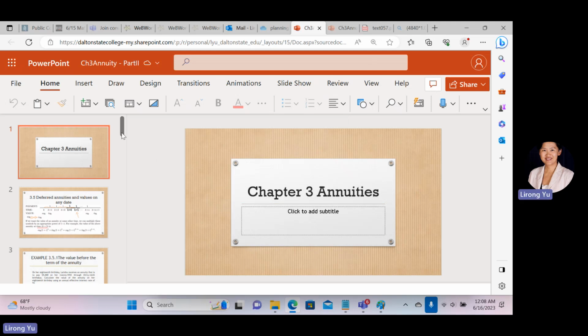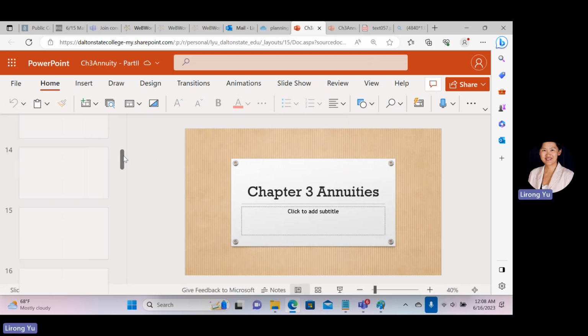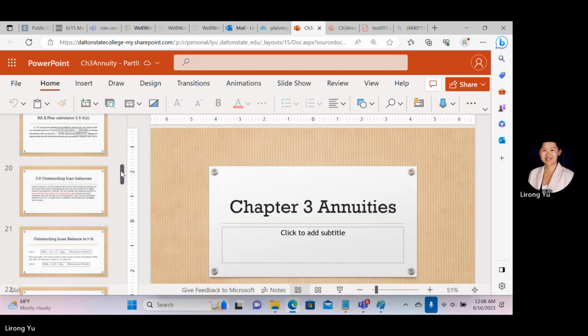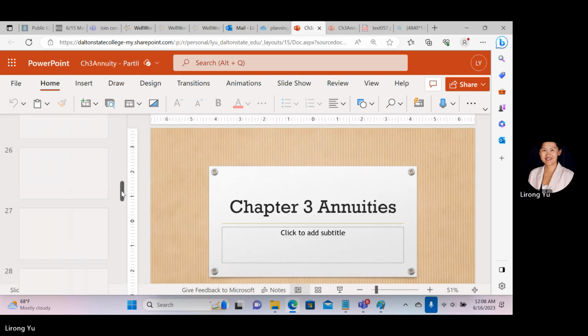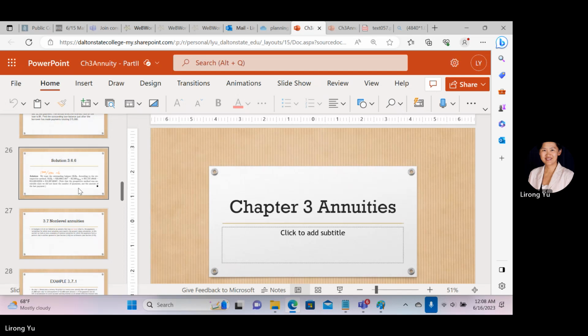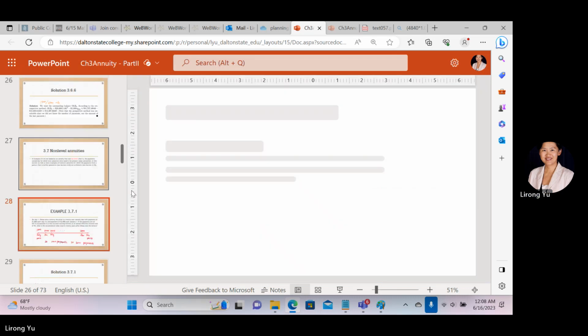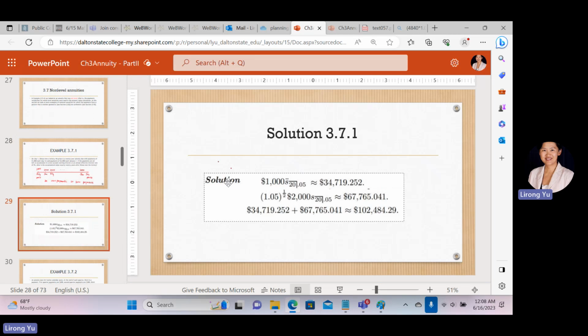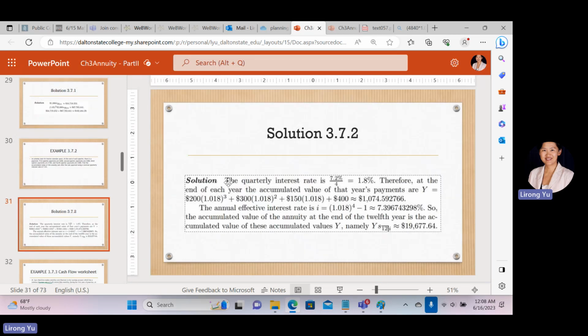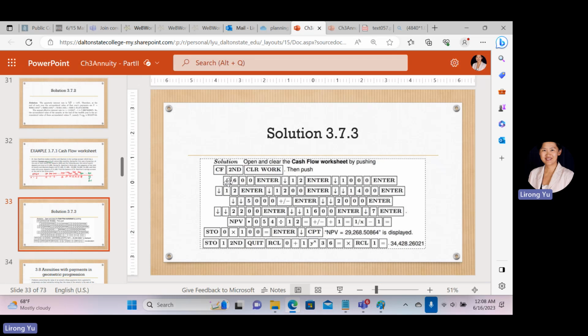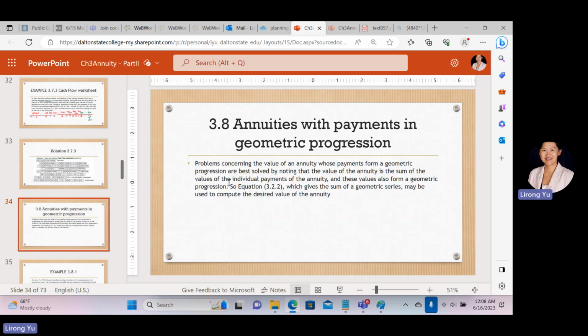It's also in the text, but I can find it pretty quickly in here. All right, so 3.6 is where we start introducing all these new formulas. Even if for geometric series we might have to think about the geometric formula, for arithmetic kinds of payment, we can actually separate them into different annuities.